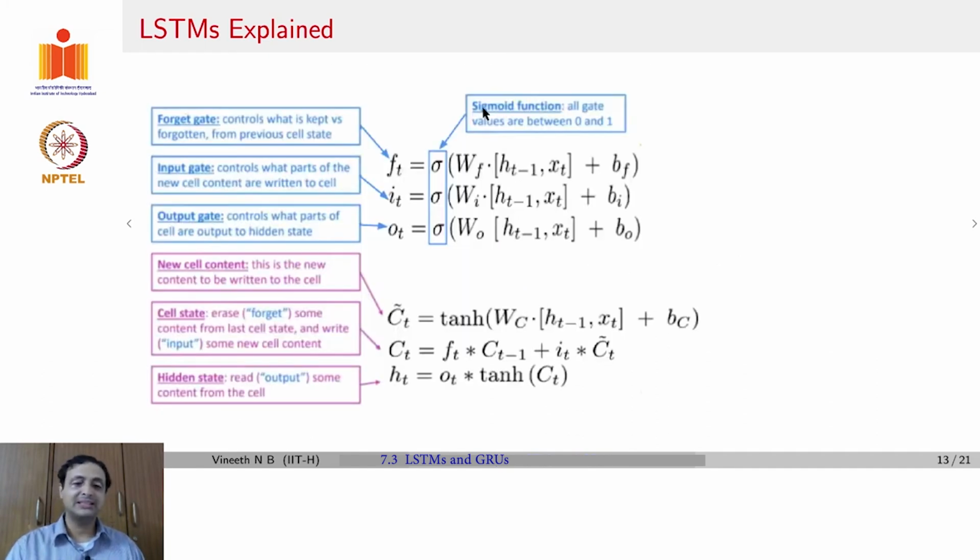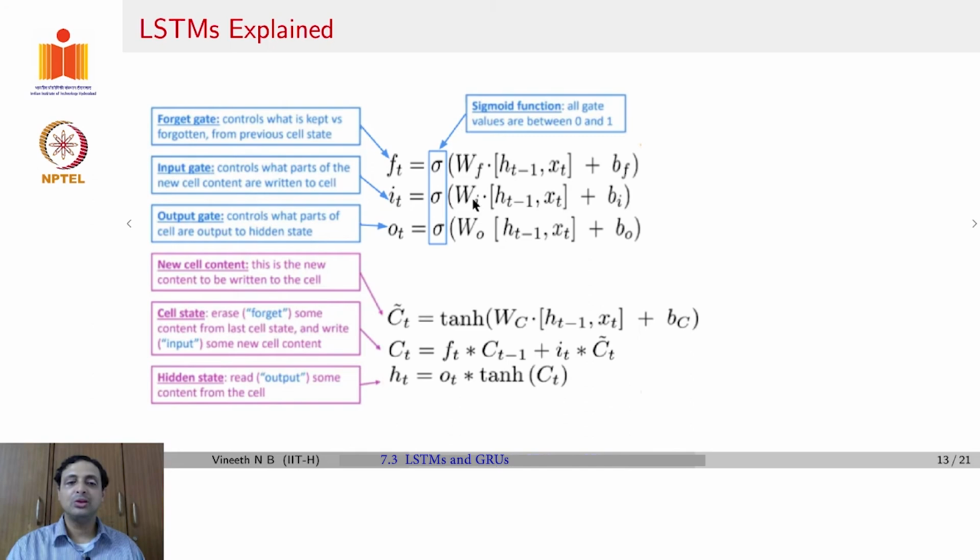Now, to summarize these in equations, ft is a forget gate which controls what is kept versus what is forgotten from the previous cell state. The input gate controls what parts of the new cell content are written to the cell. The output gate controls what part of the cell is output to the hidden state.